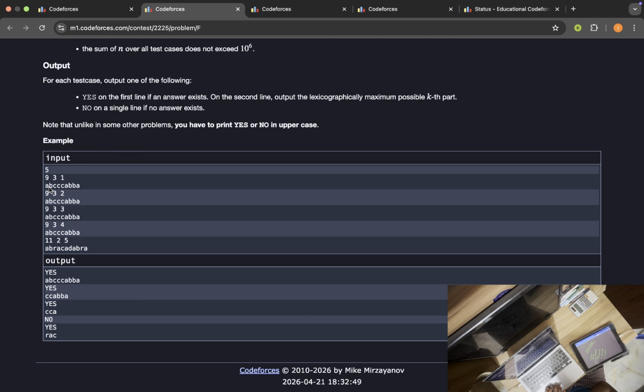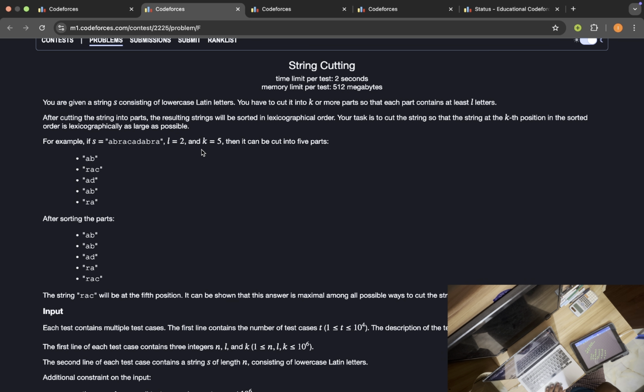I want which one is the fifth value, L equals 2. Okay, I want the fifth value: 1, 2, 3, 4, 5. AB. Okay, I've created a value actually, so it's not that. So the limitation is 2.